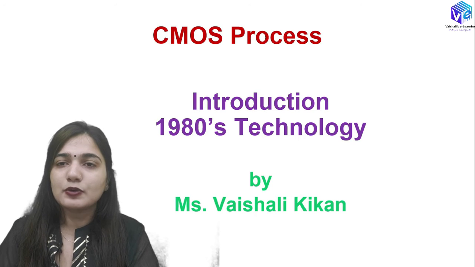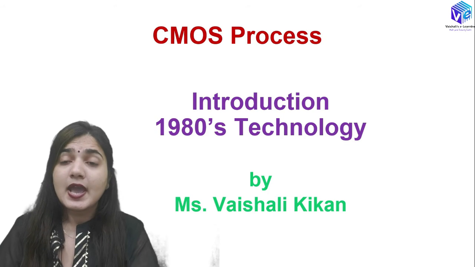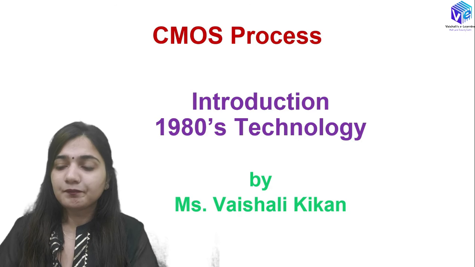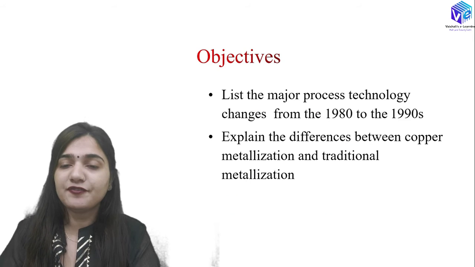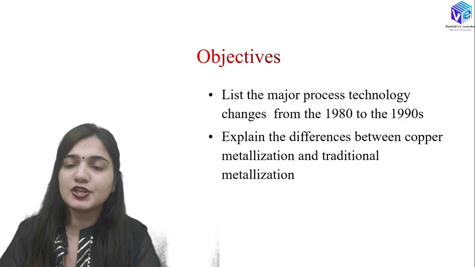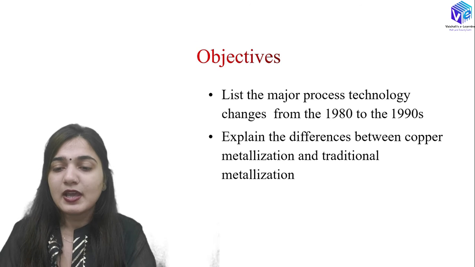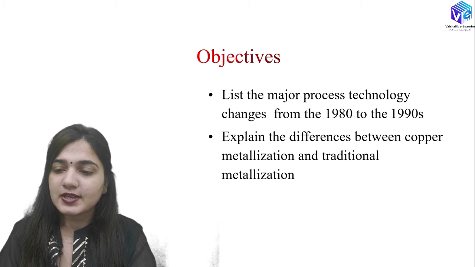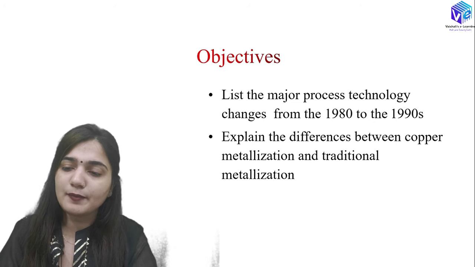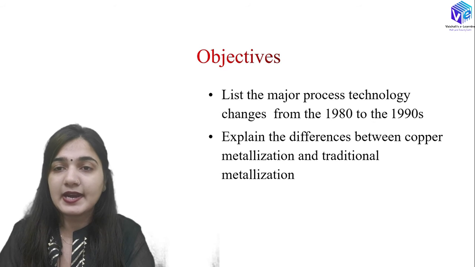So let's talk about the introduction to the CMOS fabrication process and the 1980s technology. It is a very basic technology, and we are going to see the difference between 1980s technology and the other technology as well. So the objectives of this playlist is to list the major process technology changes from the 1980s to the 1990s.